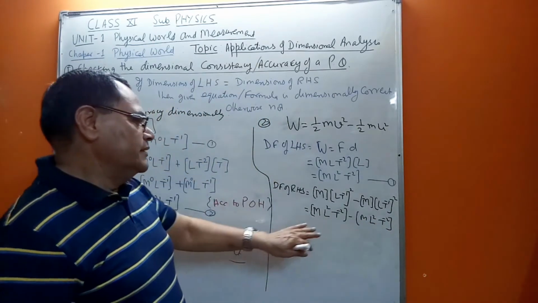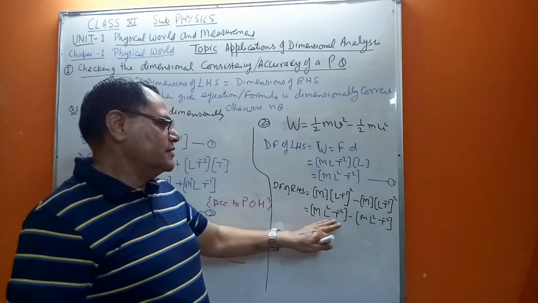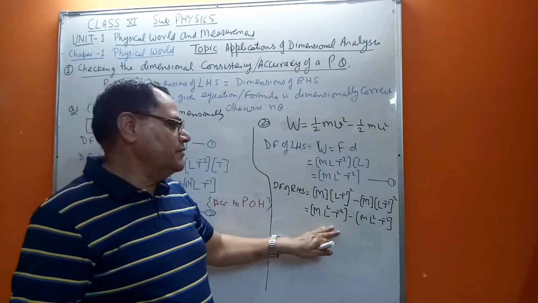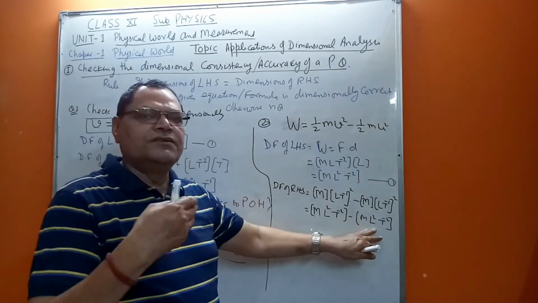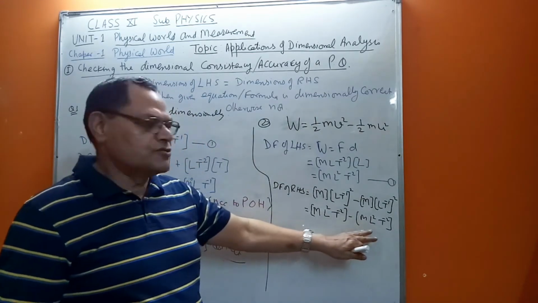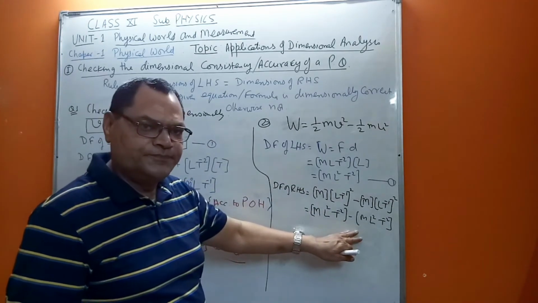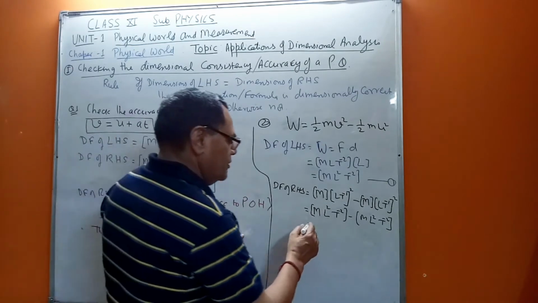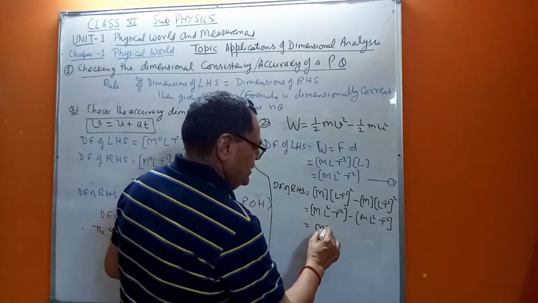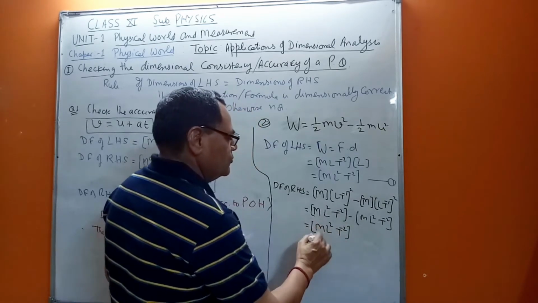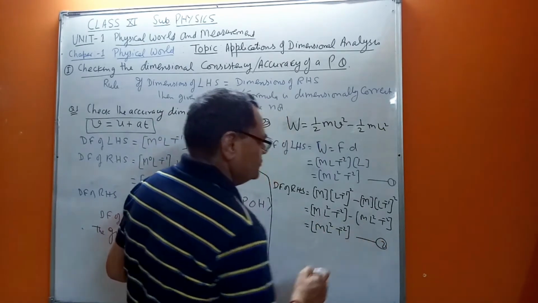So we are finding again that there is a subtraction of the same dimensions, meaning the same physical quantities. So the principle of homogeneity is applicable. According to that law, the resultant dimensions will remain the same, that is ML square T minus 2. So we put it as number 2.